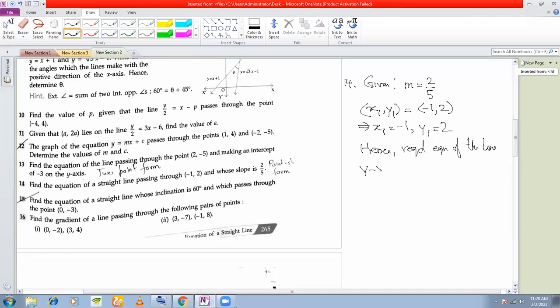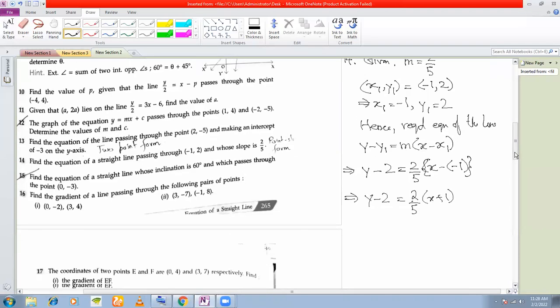Hence, what is the required equation of the line from point slope form? y minus y1 is equal to m times x minus x1. Put back the values. y minus y1 is y minus 2, m is 2 by 5 into x minus x1. x1 is -1, but I put it in curly brackets. So your equation is y minus 2 is equal to 2/5 x plus 1.